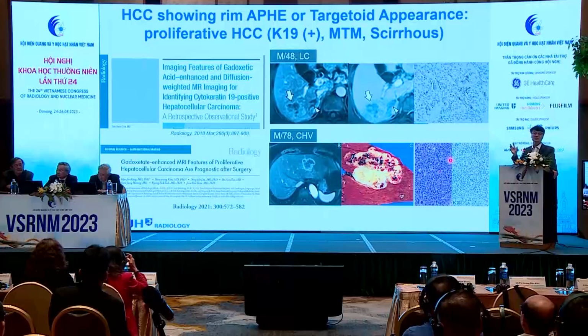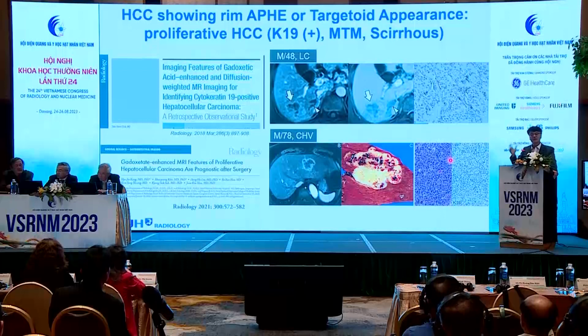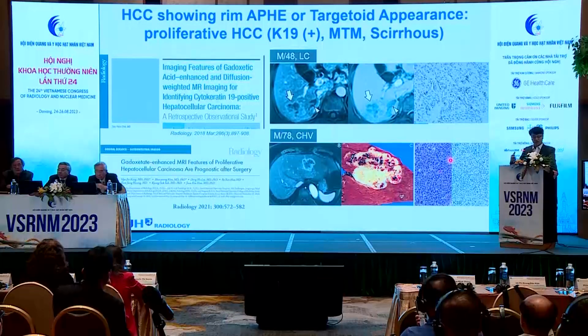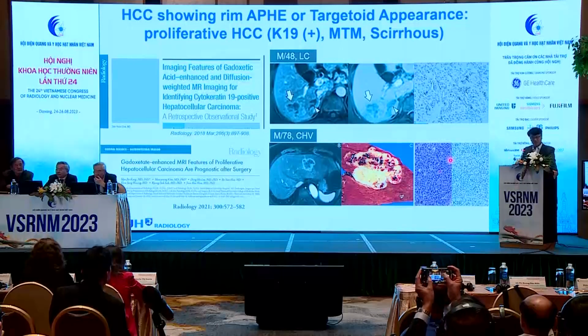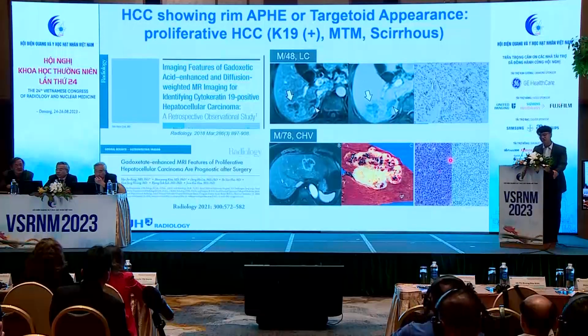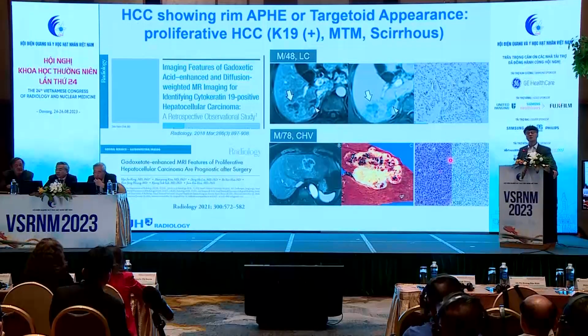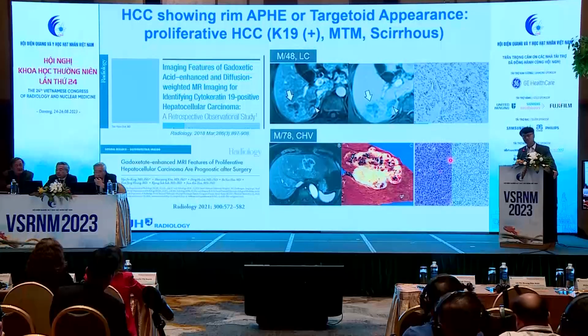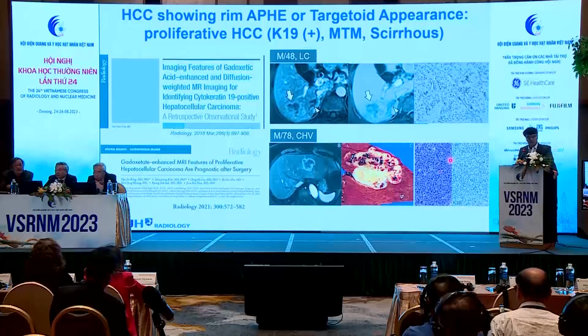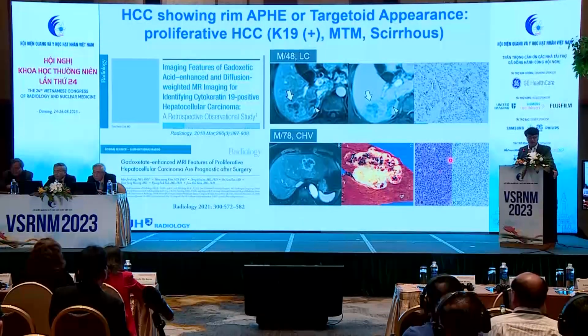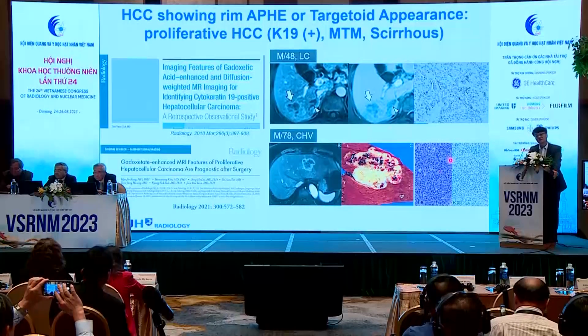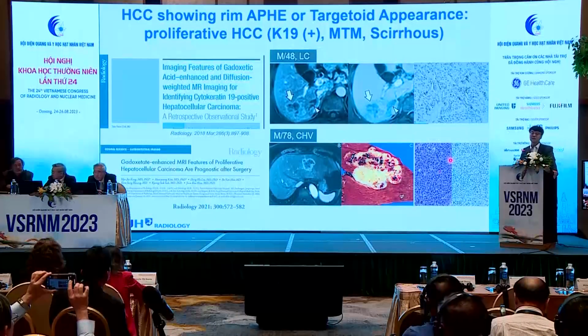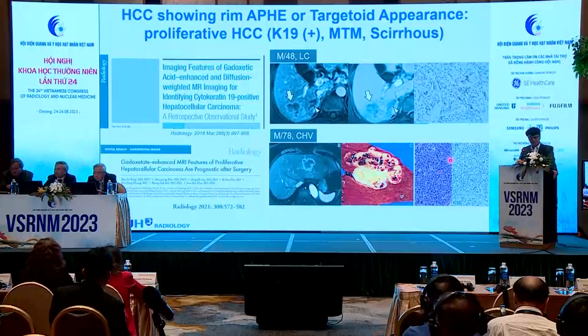And among HCC, there are some biologically aggressive subtypes, which are the proliferative type. This proliferative HCC usually shows a much higher rate of recurrence, and on pathology K19 positive, or fibrosis is common, or macrotrabecular massive type tumors.